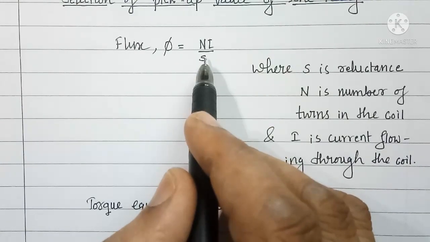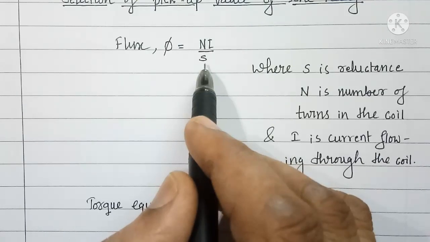Reluctance is constant for given magnetic material.